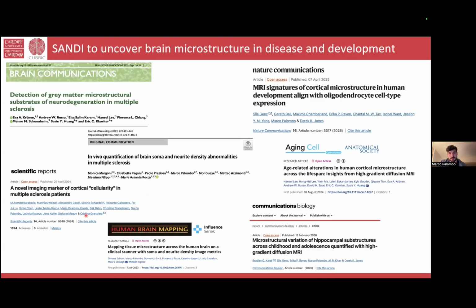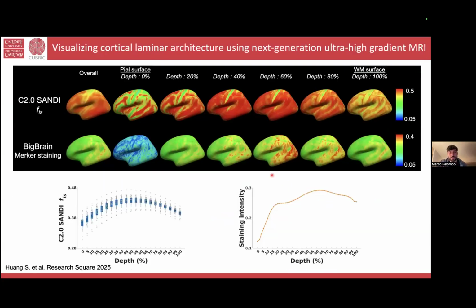And in fact, a lot of studies have used SANDI in many diseases and in healthy development, but they used the Connectome scanner. One recent work from the MGH group using the Connectome 2.0 scanner demonstrated the added value of this new powerful scanner, because for the first time they were able to push the SNR, sorry, not the resolution.